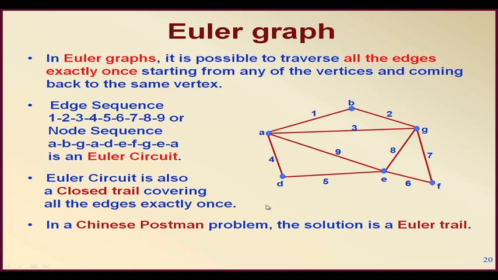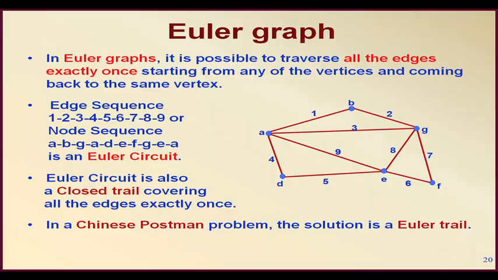So, that is what we find here: it must be a closed trail, and all the edges should be covered exactly once. A type of problem that is called the Chinese postman problem, where the basic idea is to find an Euler trail. So, what is the Chinese postman problem? Look at this graph. Suppose these are the road network in a particular locality. On each of the roads there are lots and lots of houses.